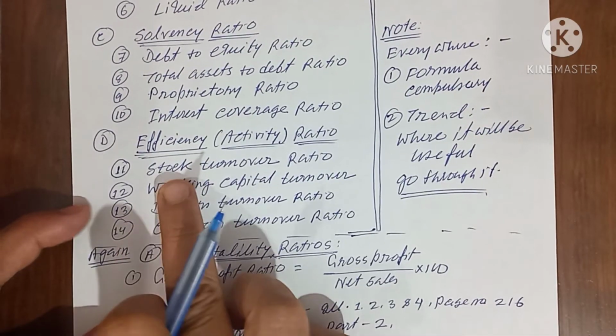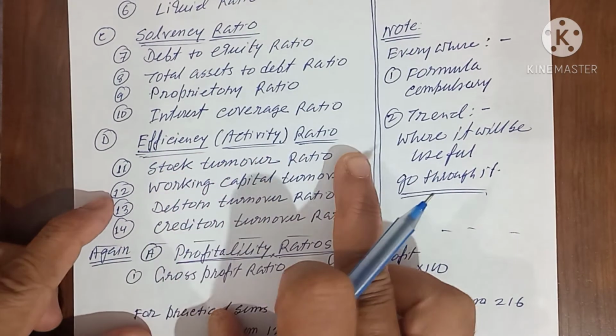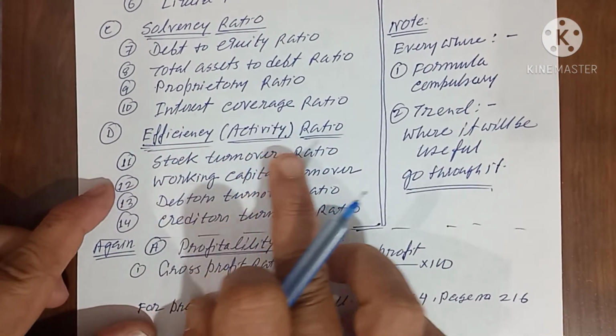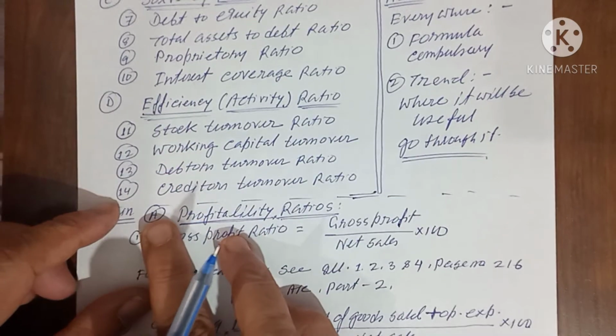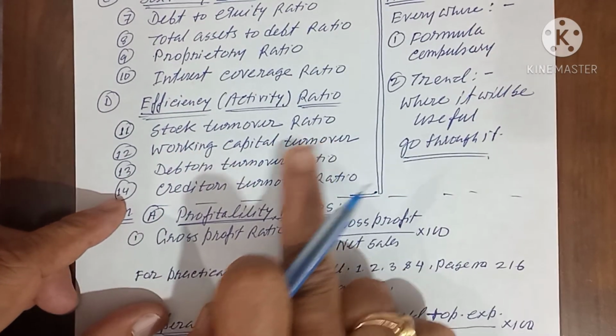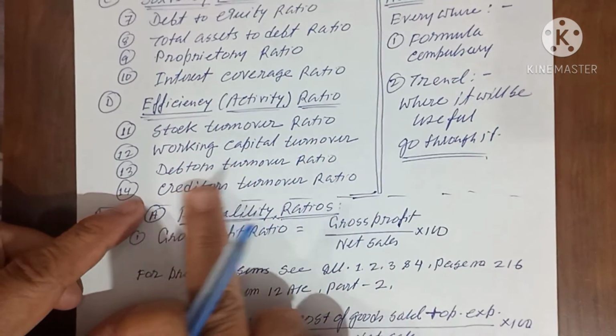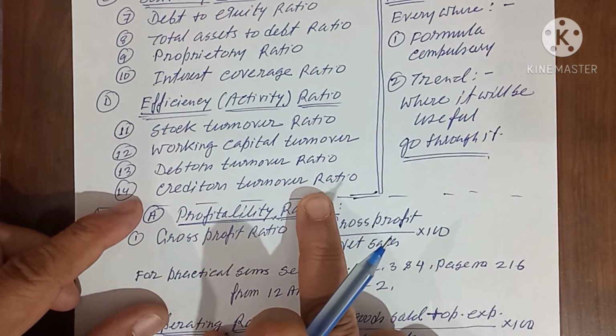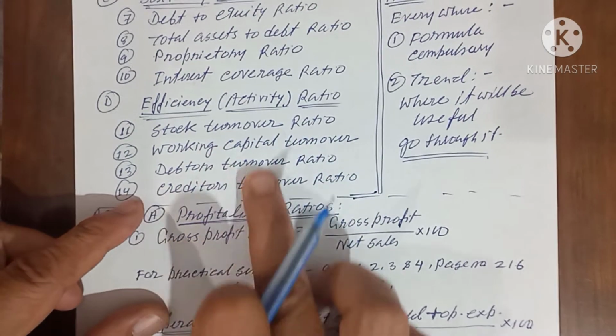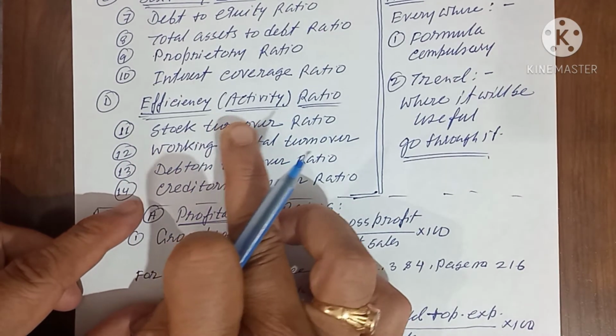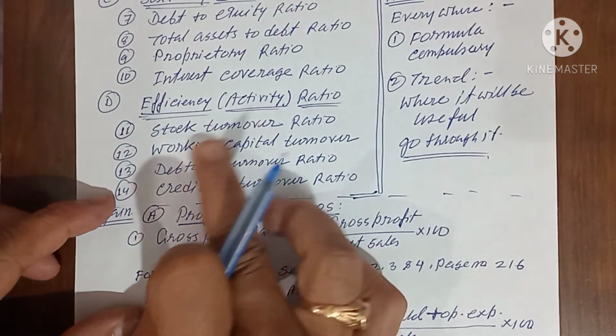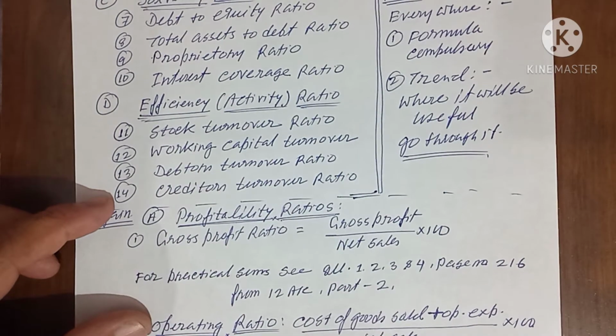And the fourth one is the efficiency or activity ratio. Under this, again 4 ratios come: stock turnover ratio, working capital turnover ratio, debtors turnover ratio, and creditors turnover ratio. These are all related to activity or efficiency, for that it is called the efficiency ratio.